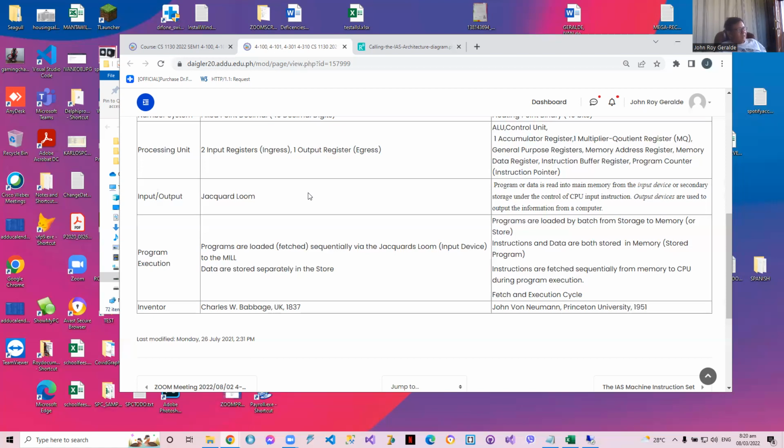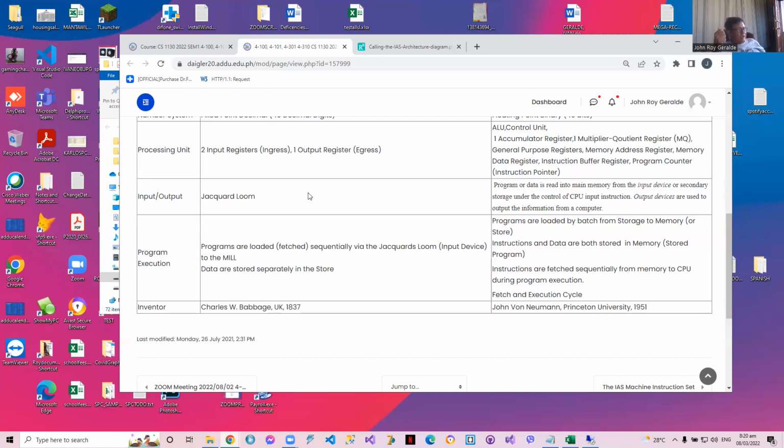Remember that in the analytical engine, programs are loaded. We fetch sequentially, no? Number cards, operational cards, variable cards, via the Jacquard loom. Okay. One by one. We fetch one program, execute in the store. And the data are stored separately in the store. Diba?